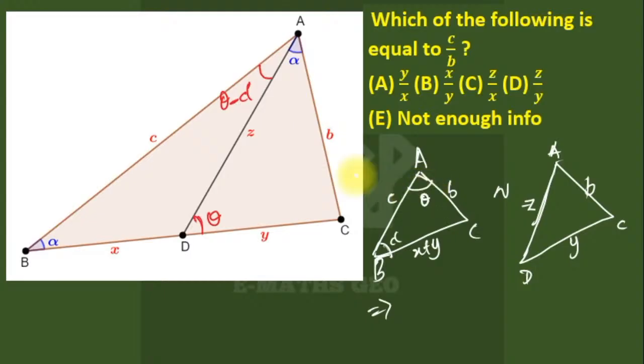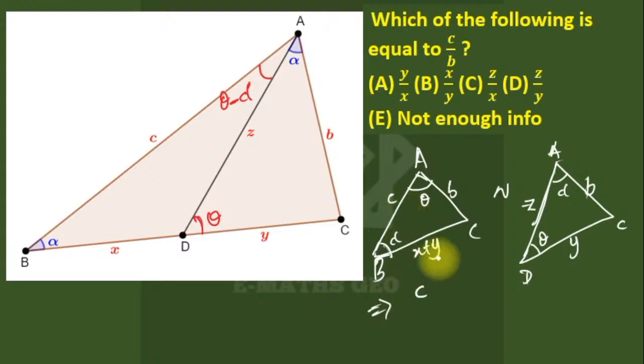Once they have two angles that are the same, they are similar, so you can now compare the ratio.